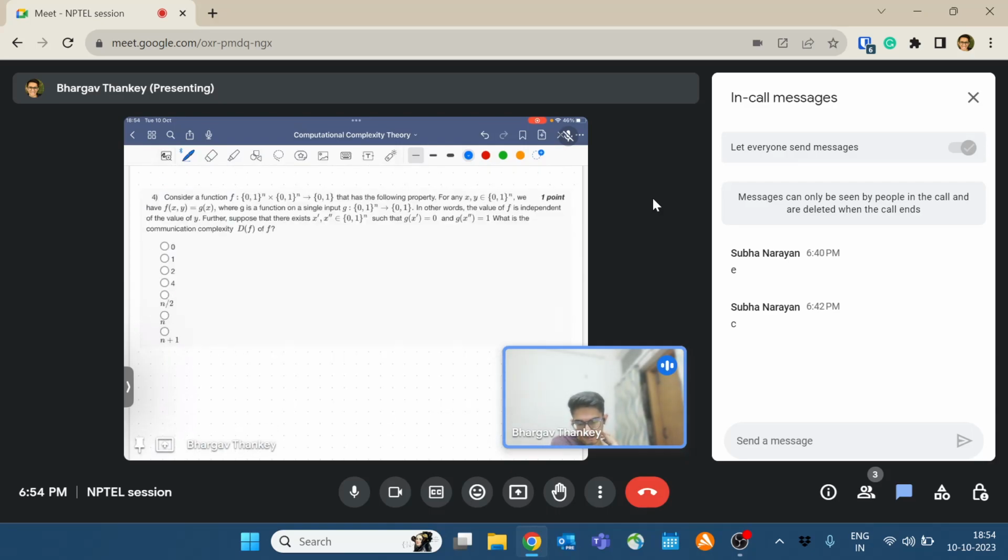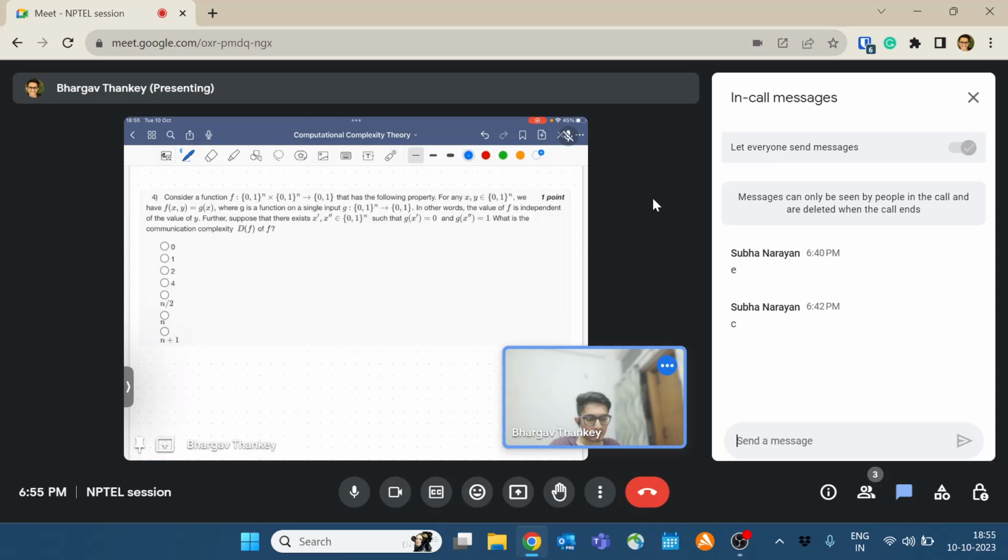So the next problem is: consider a function f from 0, comma 1 to the n cross 0, comma 1 to the n to 0, comma 1 that has the following property. For any x, comma y in 0, comma 1 to the n, we have f of x, comma y equals g of x, where g is a function on a single input. So g is from 0, comma 1 to the n to 0, comma 1.